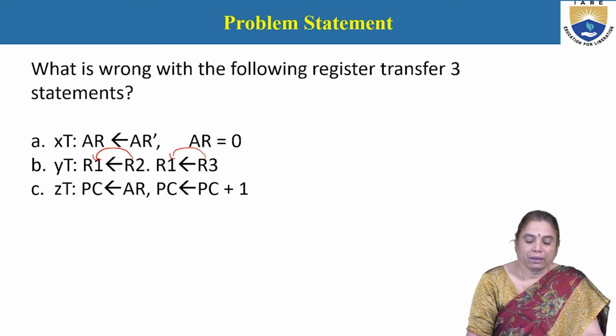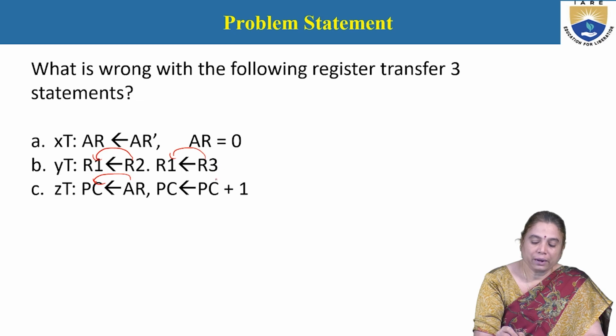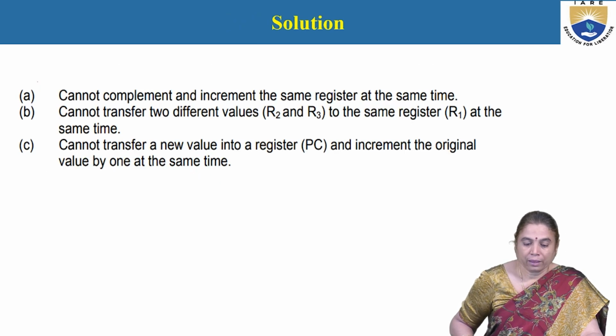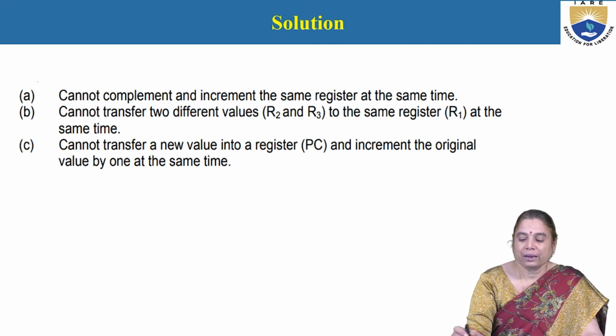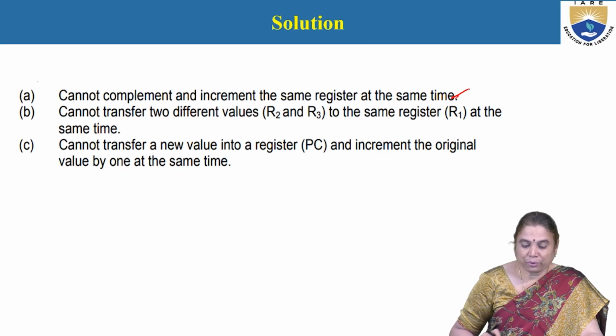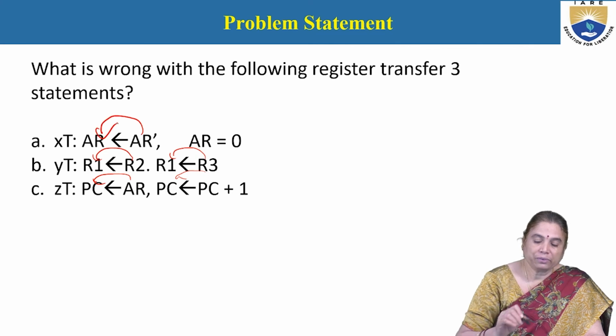In the third one, zT: AR content is transferred to PC, and the PC incremented value is transmitted again to PC. So they cannot complement and increment the same register at the same time. Here the AR complement is transmitted to the same register.